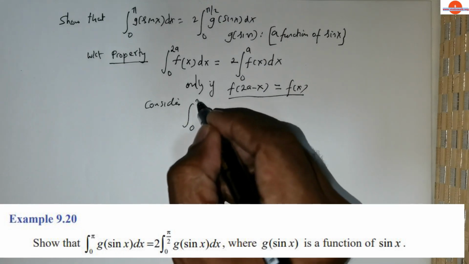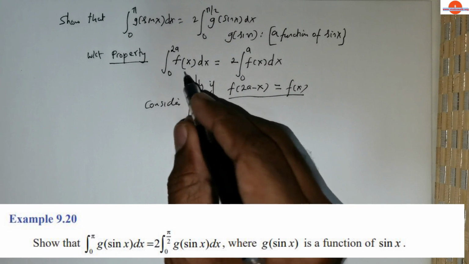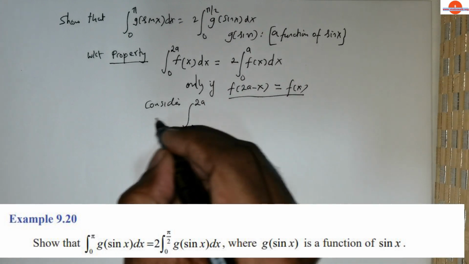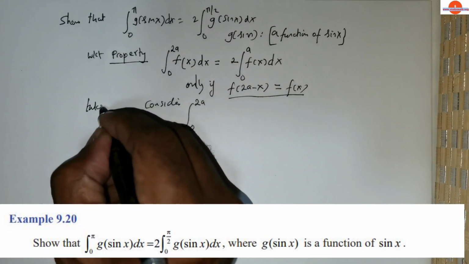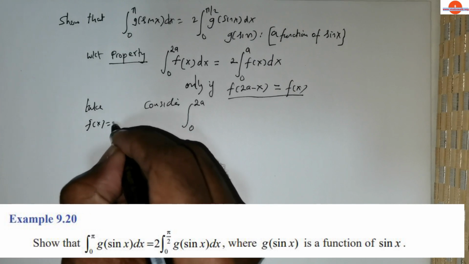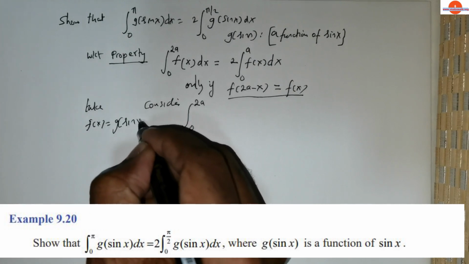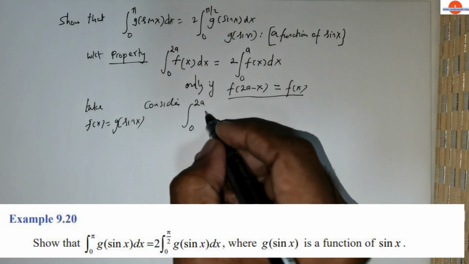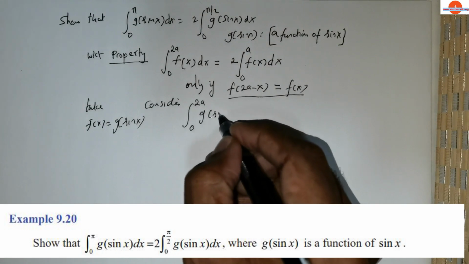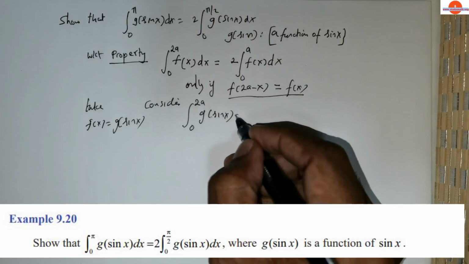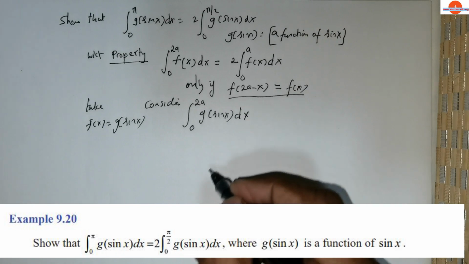Integral 0 to 2a, let us take for f of x to be the function g of sine x. Okay, so this is going to be g of sine x times dx.